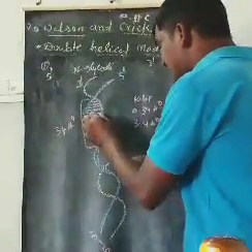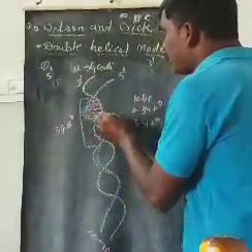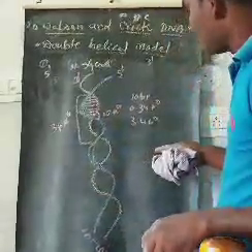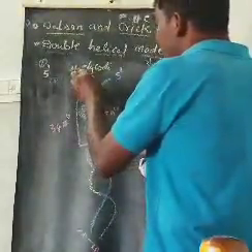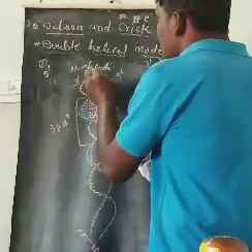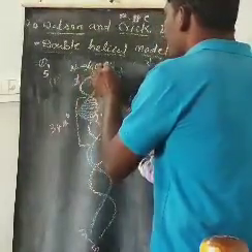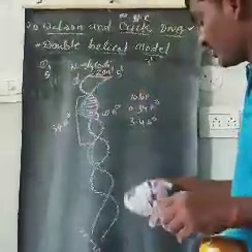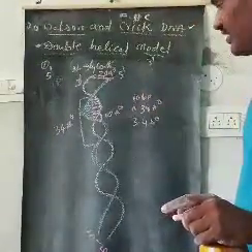And the twisted area has 10 angstrom units, and the width of the DNA molecule is 20 angstrom units. So those must be identified for the DNA molecule.